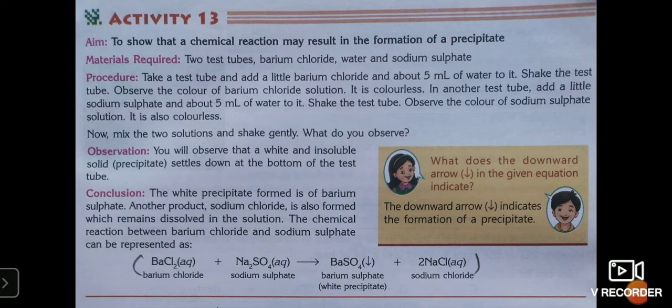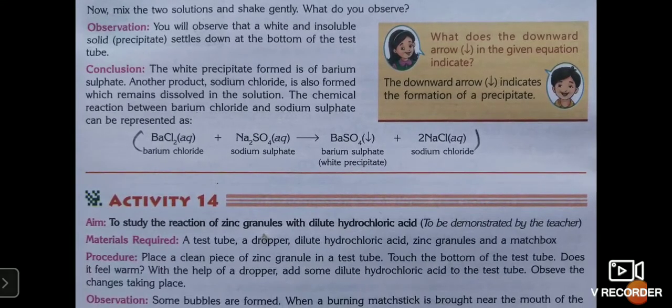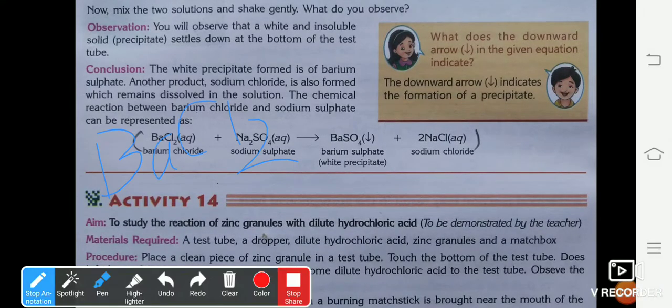Now the reaction, if you observe at the bottom of your activity, says BaCl2 plus Na2SO4 gives you BaSO4 plus 2NaCl. Here barium sulfate which is formed is the precipitate. Again I'm repeating, a precipitate is an insoluble salt which is formed during a double displacement reaction.